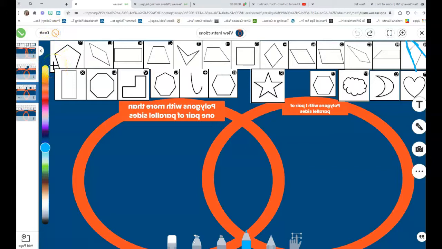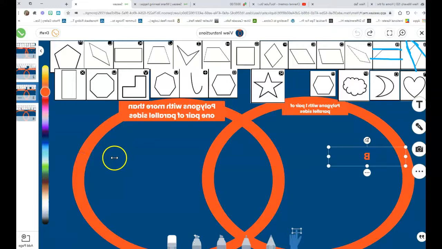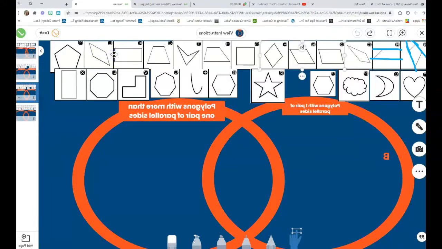B, does it have a pair of parallel sides? Yes, the top and the bottom. Okay, what about C? Does it have any parallel sides?